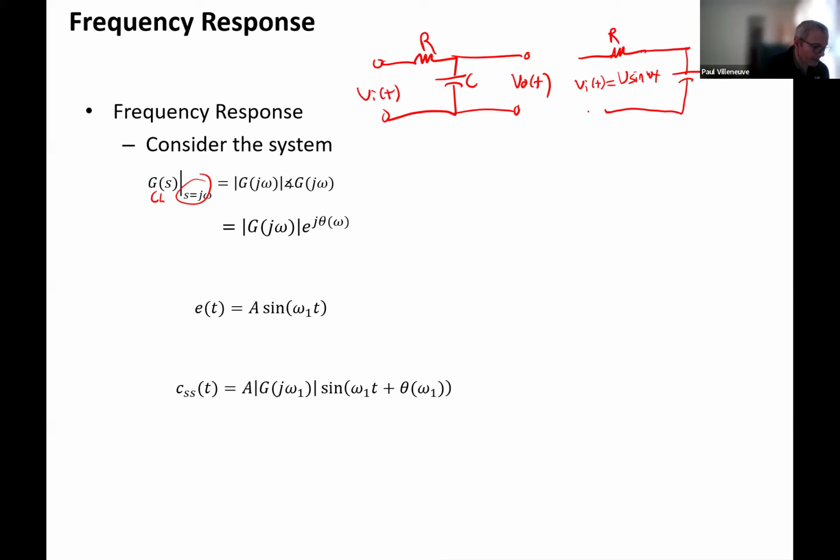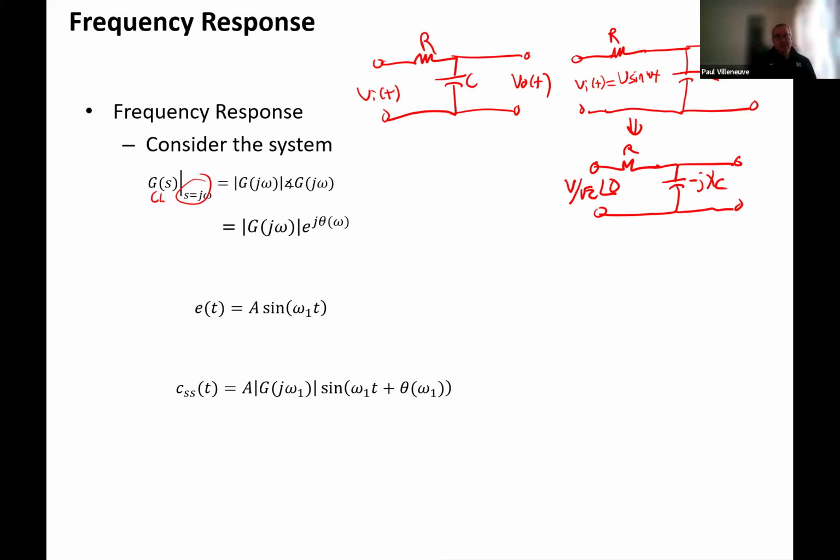Now, we can analyze the circuit using differential equations to solve it, or what we can do is convert this circuit to something that may be familiar to you, where this is V divided by the square root of 2 at an angle of 0, and this is negative j x sub c. So this is AC circuit analysis, correct? So we're doing AC circuit analysis, and we see that we can get very similar results.